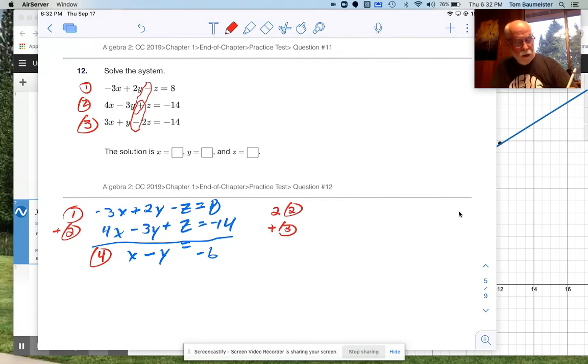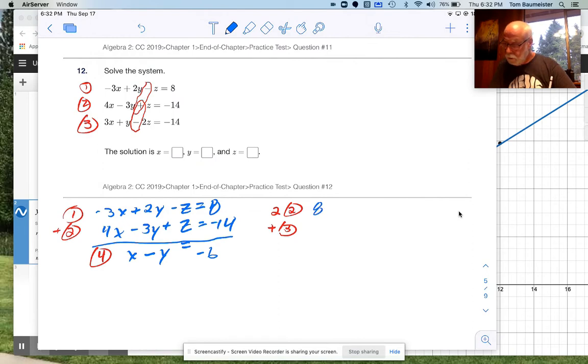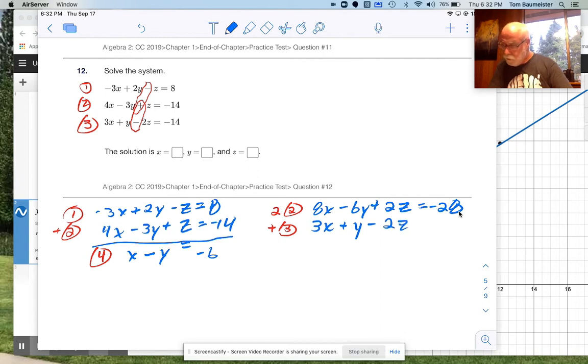So I'll have 8x minus 6y plus 2z is equal to negative 28. Here I have 3x plus y, that's staying the same, minus 2z is equal to negative 14.